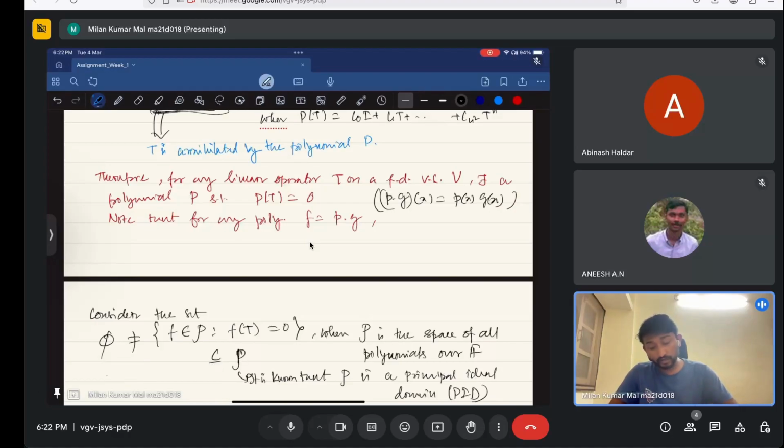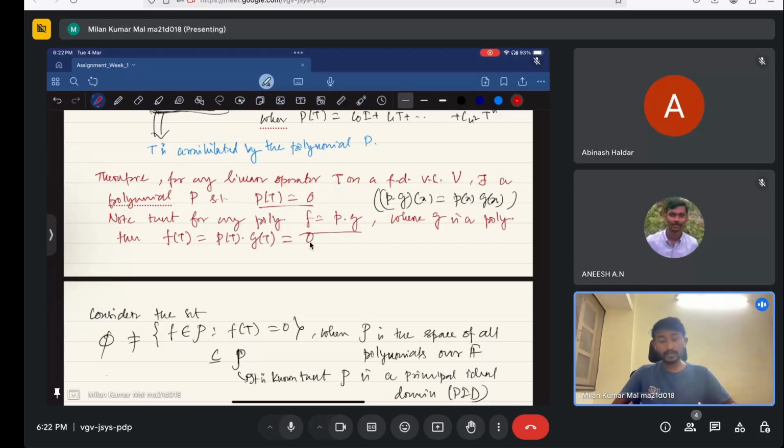So note that there is a polynomial p for which p(T) is equal to 0. Now one can consider the polynomial f equals p dot g, where g is a polynomial of any degree. Then f(T) is equal to p(T) g(T), that is equal to 0.